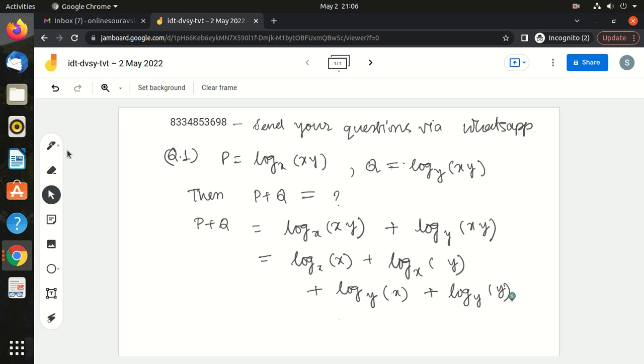So just understand that I have just expanded out what it means.